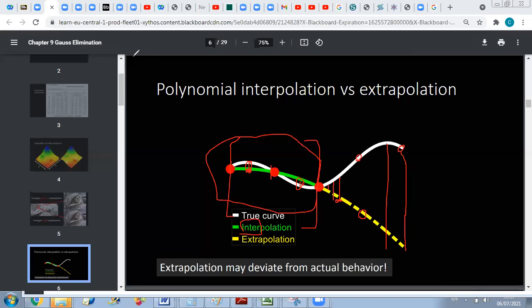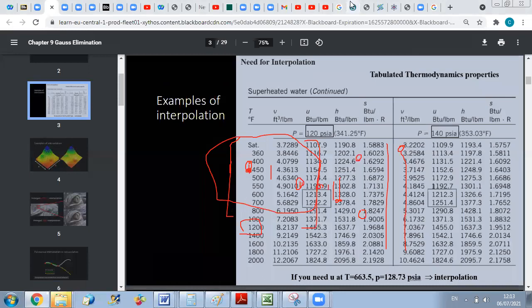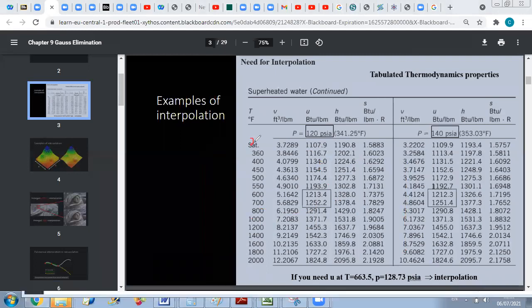So, for example, if we go back to this example, how can we have extrapolation? Let's say you have only this table, and you want to find at 350 Fahrenheit what is happening, what is your enthalpy, or what is your entropy. Then you have to extrapolate.